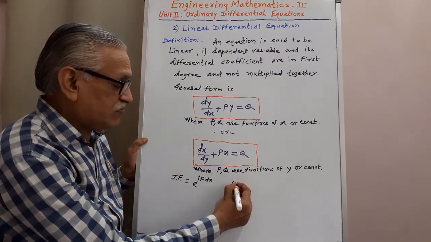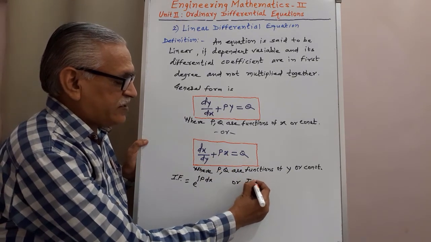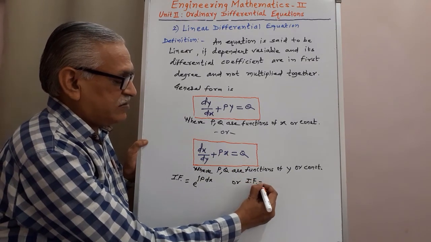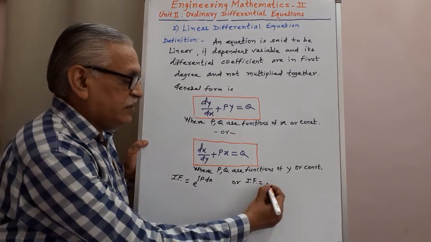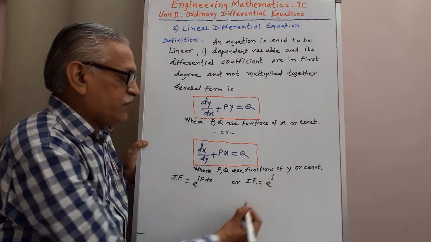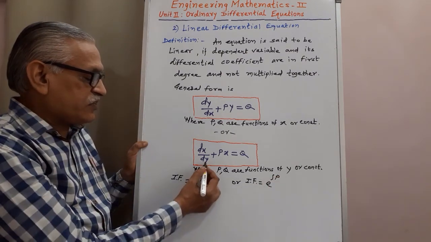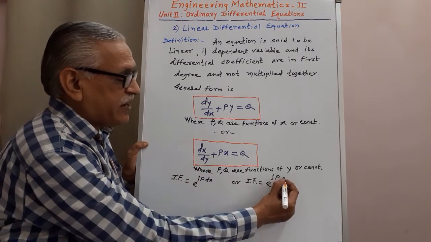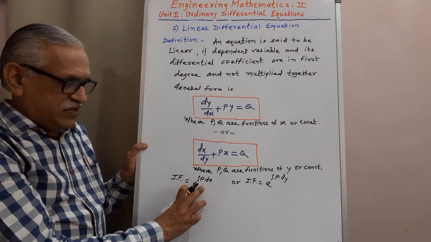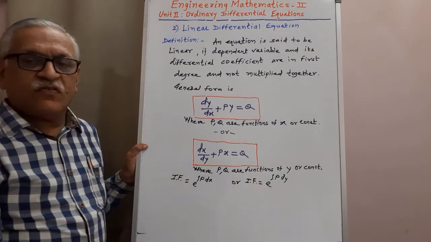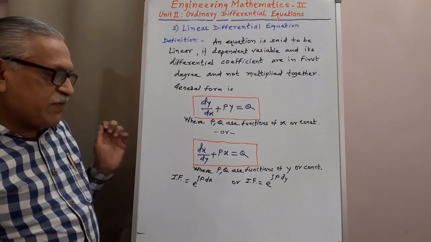Or for the second case, the integrating factor is given by e raised to integration of p with respect to the independent variable y. Means either by this or by this we can determine that integrating factor, which we call the multiplying factor.